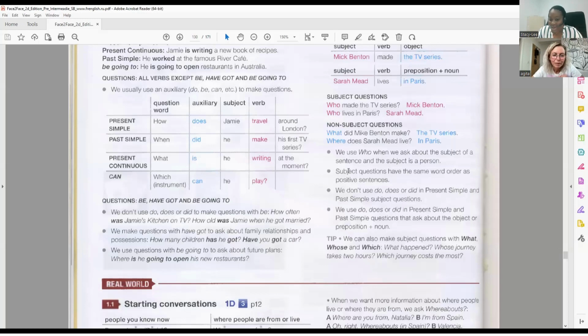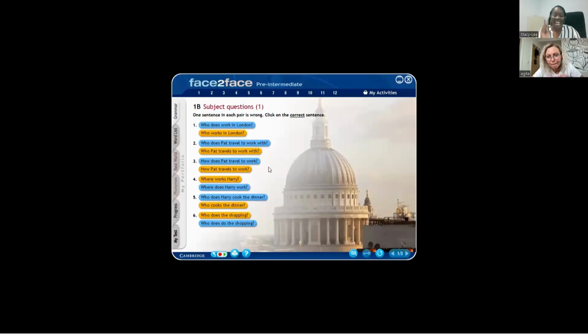So the subject questions have the same word order as positive sentences, right? So I'm going to send this to you for you to look over so that in the next class, we're going to start with this exact same activity to see if you understand it a little better, so you can see why number 2, number 3, and number 4 were not correct.